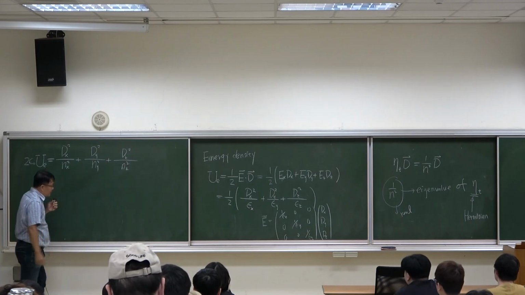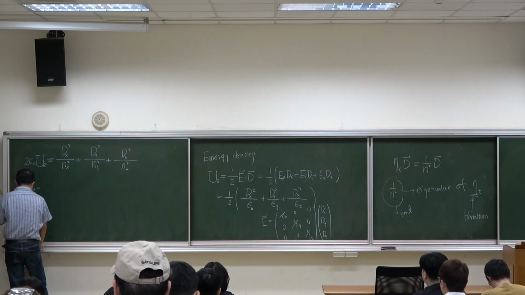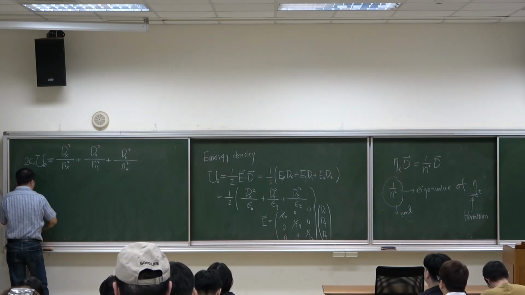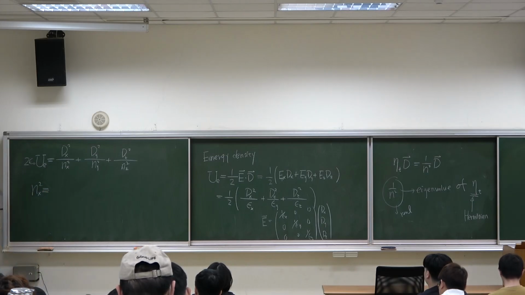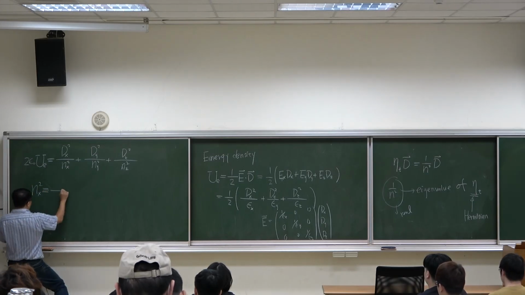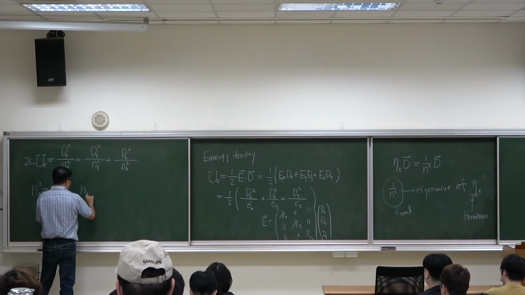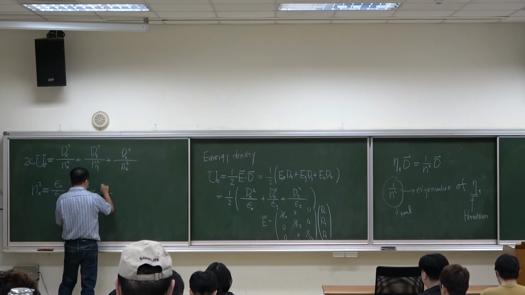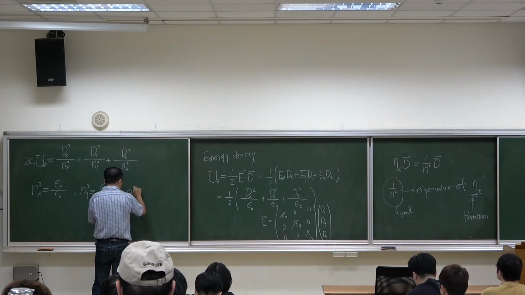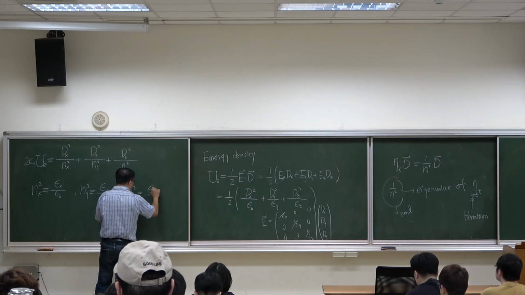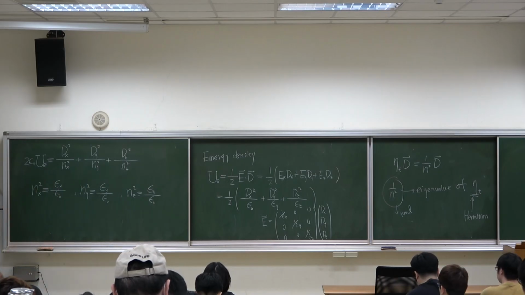This is because we have already learned that we have 3 refracting indices. They are defined as nx squared is epsilon x over epsilon 0. ny squared is epsilon y over epsilon 0. And nz squared is equal to epsilon z over epsilon 0. Okay? So we have this equation.